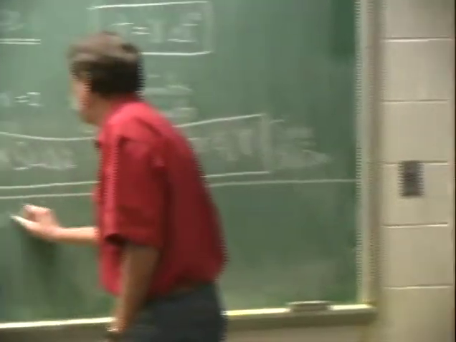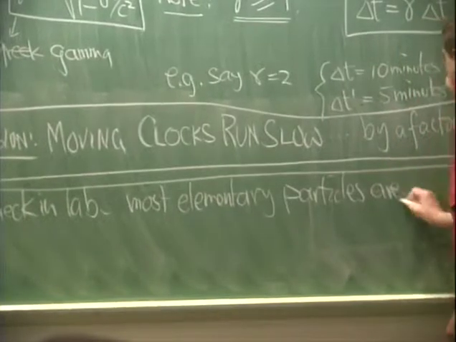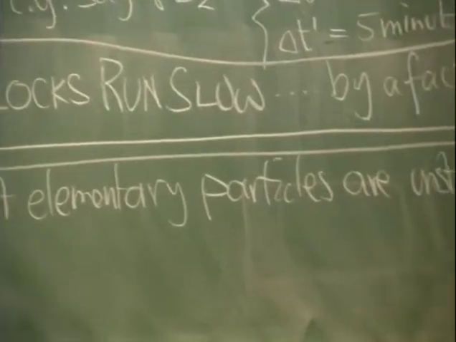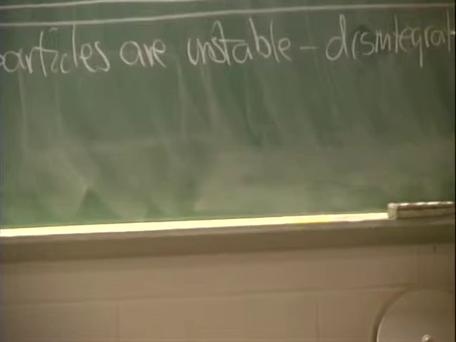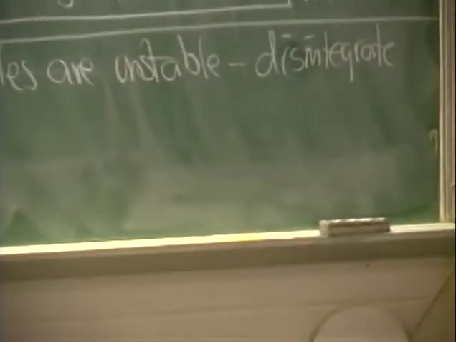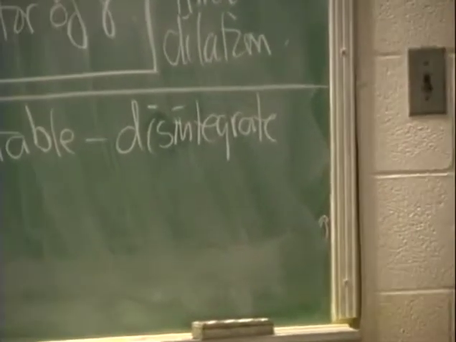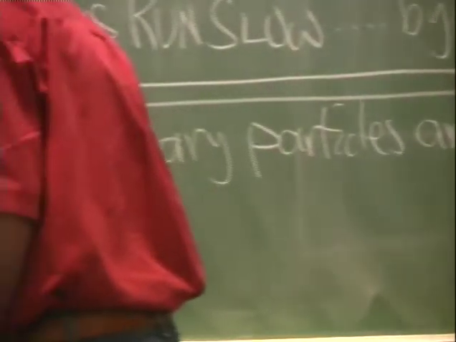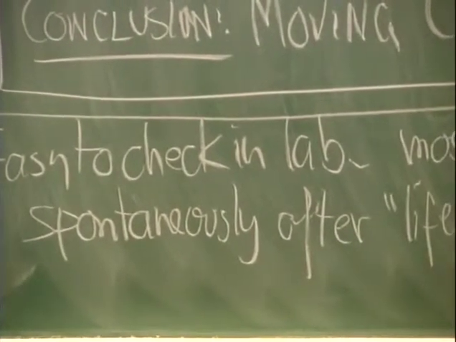Most elementary particles are unstable. They disintegrate spontaneously, that is, nobody has to pound them with a hammer or something, they just disintegrate spontaneously, after a lifetime that's characteristic of the particular particle species.